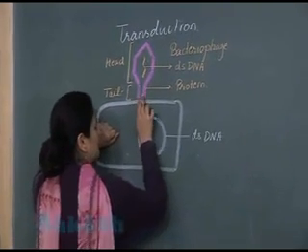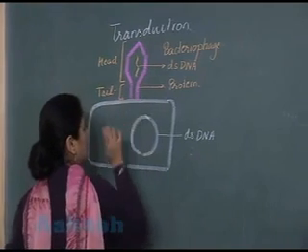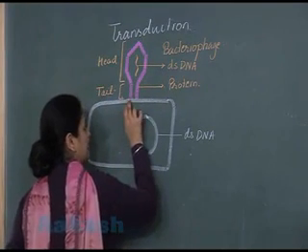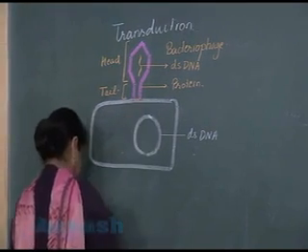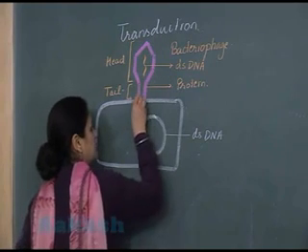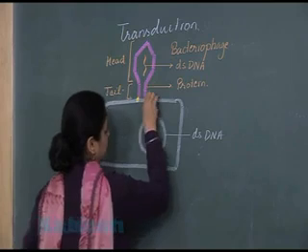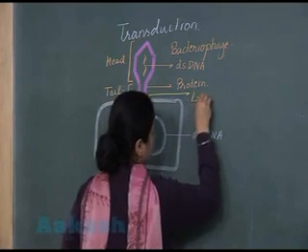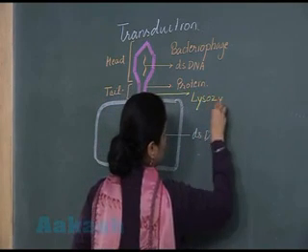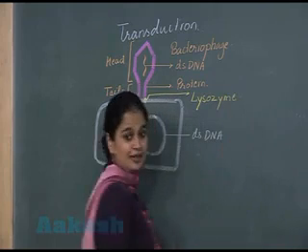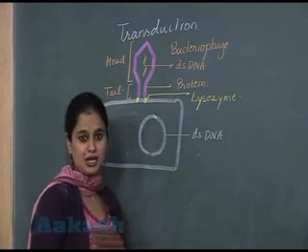Now what is this part of the bacteriophage? This part is tail. At the tip of the tail there is presence of an enzyme, that is lysozyme.